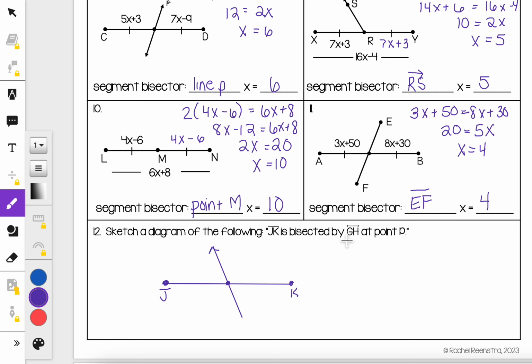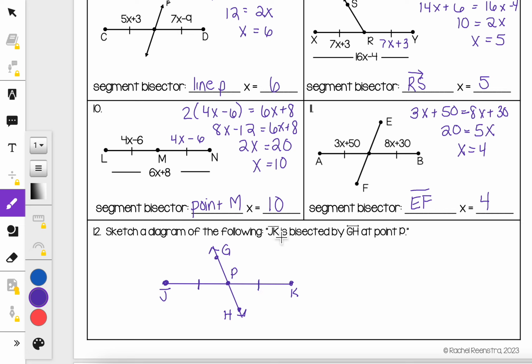This is going to be line GH. I need to put a point G and a point H on that line, and it is going to bisect that segment at point P. And if I want to make sure that I know that this is a segment bisector, I'm going to put in those congruent marks there.